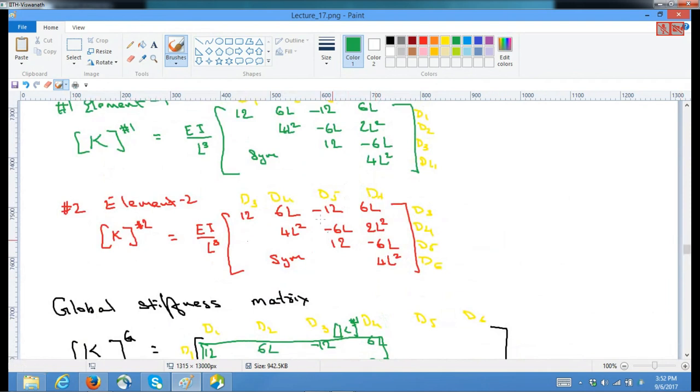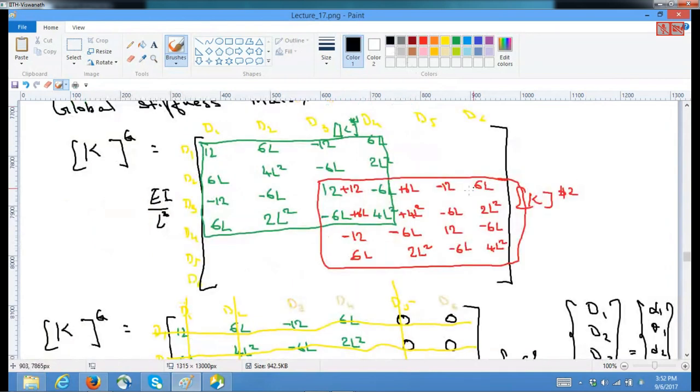I don't know what you are referring to. These things are set to 0. These are all zeros because there are no contributions. Maybe you are confused with respect to that.